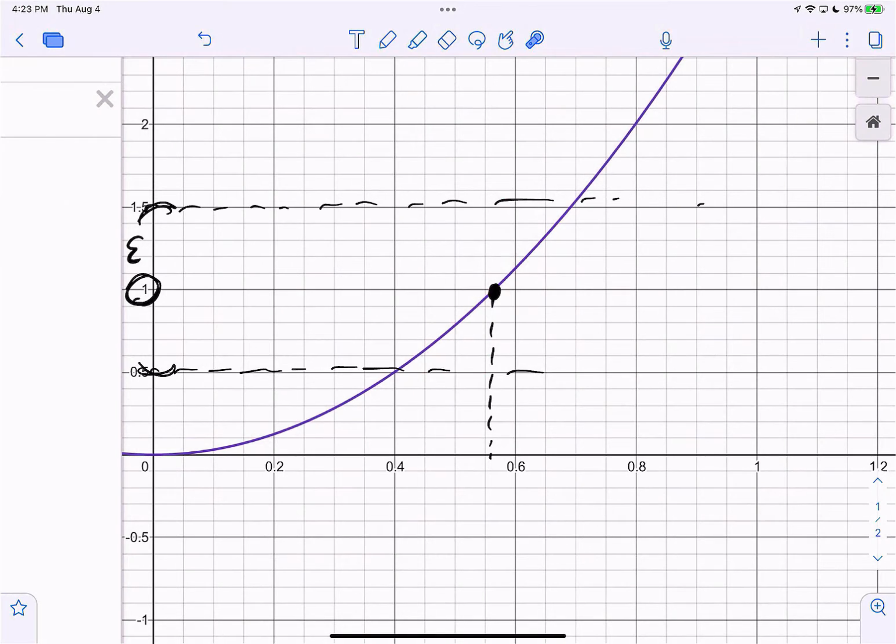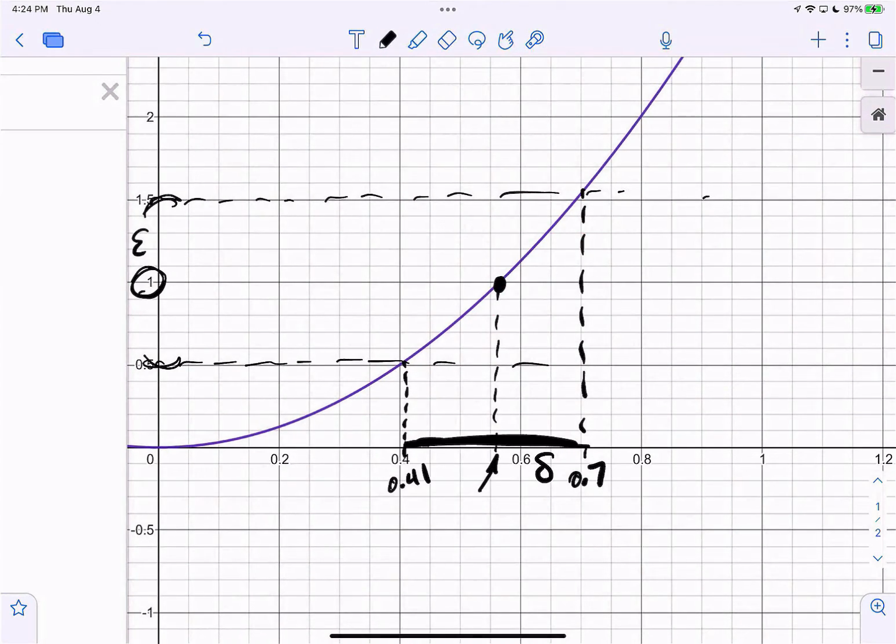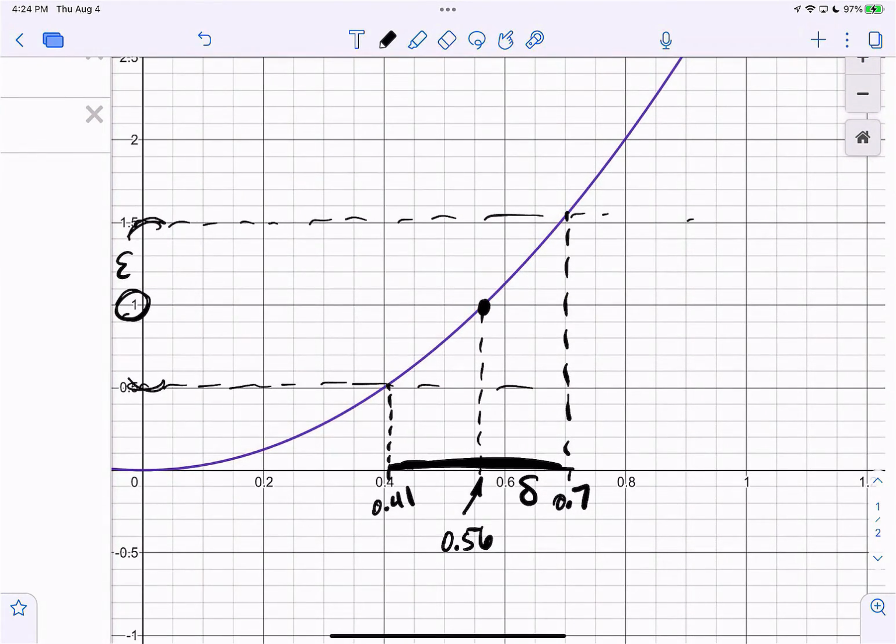So I can see from the picture here that if my input is between, say, 0.41 and 0.7, so if my input is somewhere in this interval here, then the output for the function is going to be between the 1/2 and 1.5 that I wanted. This becomes my delta, and we'll say that this 0.56 or whatever that is my A.